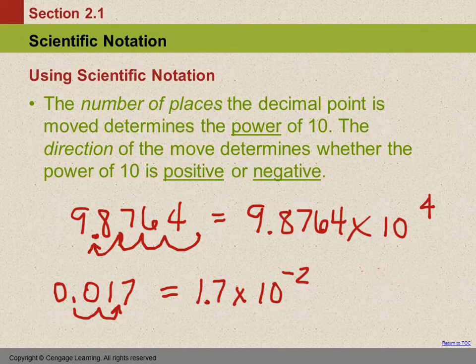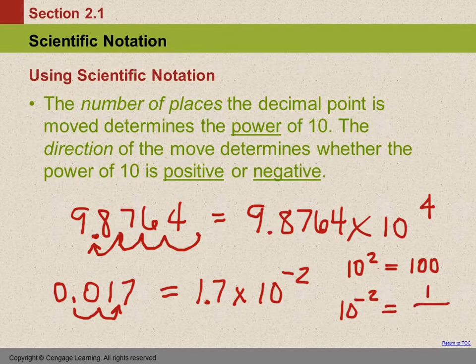So just a little bit about what a negative exponent means. 10 to the second power is 100, a 1 with 2 zeros. It's 10 times 10. 10 to the third power is 10 times 10 times 10, 10 times itself 3 times. That's what exponents are. If we make that negative, 10 to the minus 2, a negative exponent means it's 1 over 10 squared, or 1 over 100.